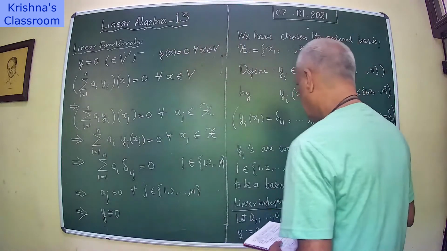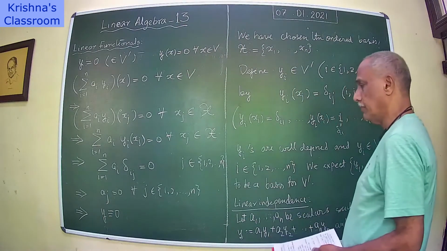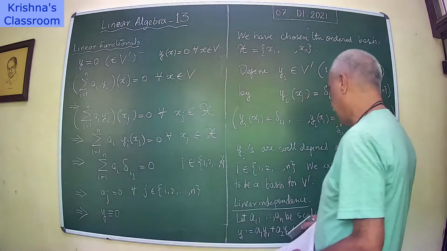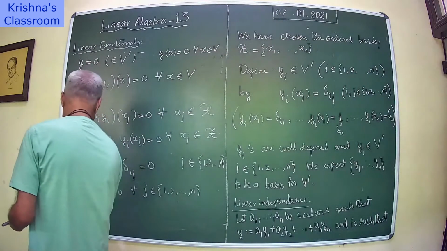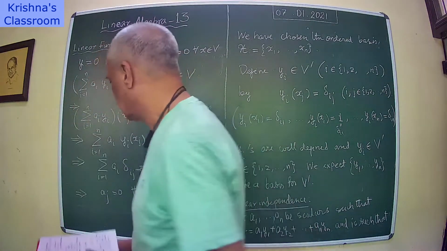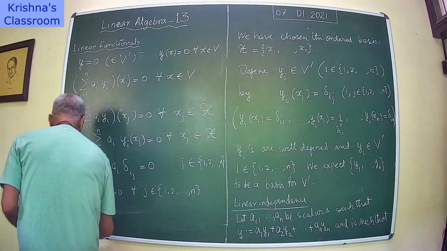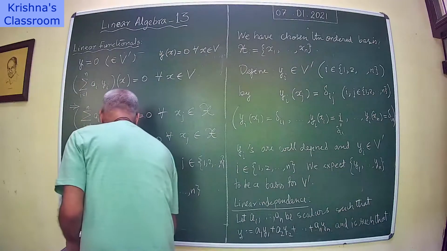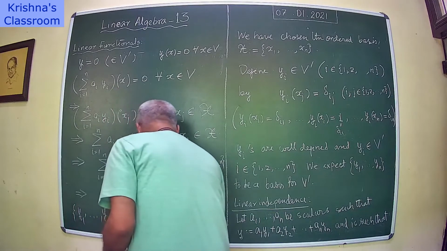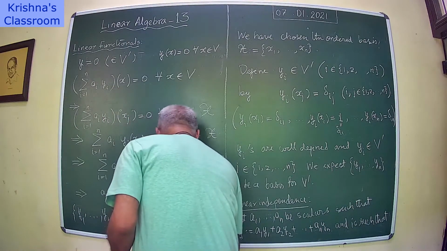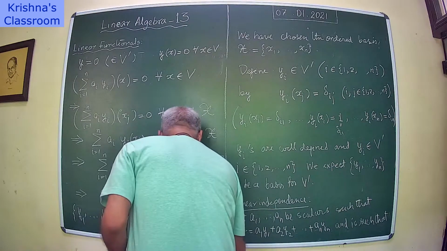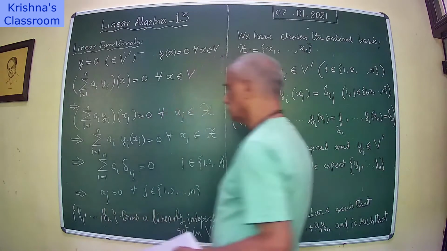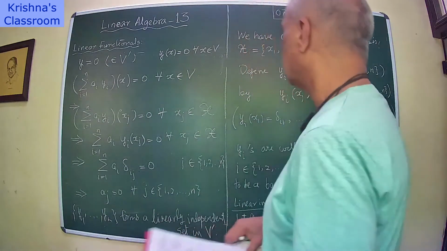So that shows that a linear combination of y1, y2, etc. yn being the zero linear functional implies a1 equal to 0, a2 equal to 0, etc., aj equal to 0, which implies y1 to yn form a linearly independent set. So we have proved the linear independence of y1, y2, etc.